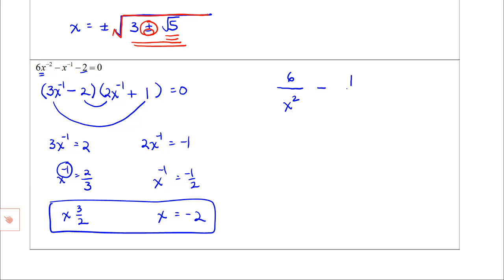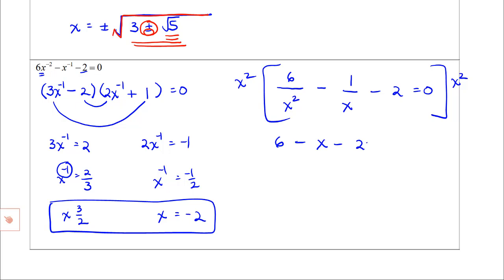Is this the same question? Then I can clear the fractions. And I get 6 minus x minus 2x squared equals 0. Is that right?